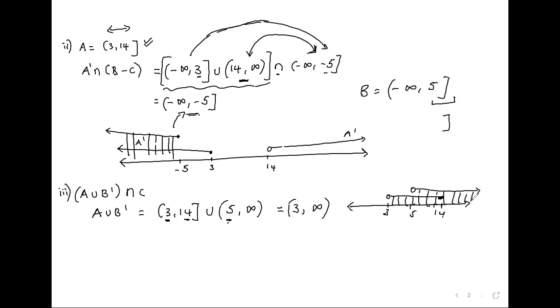You get everything. So here now we get 3 to positive infinity. And then you say, okay, so I'm dealing with 3 to positive infinity intersection C. What is C? C is negative 5 to 7.